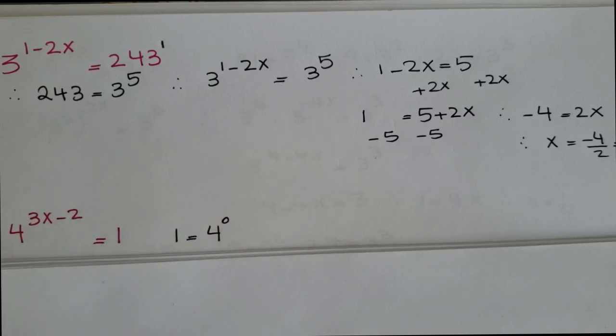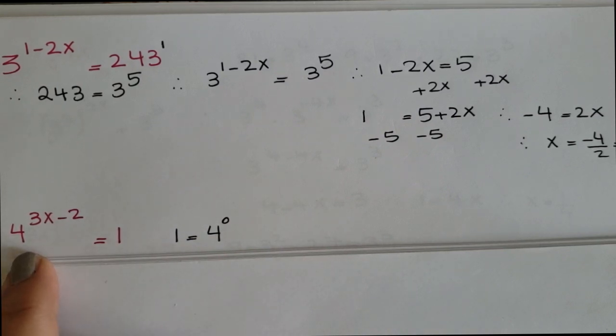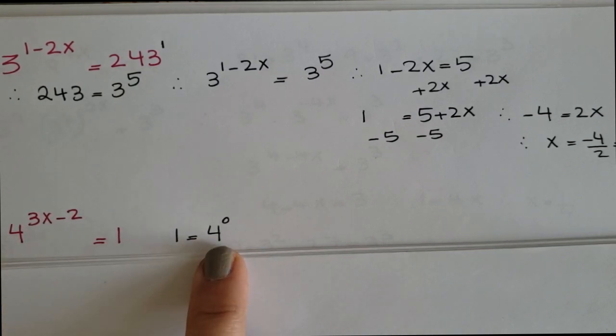Okay, so if you remember from the rules, any number raised to the power 0 would be 1. That's what I do. And the reason I chose 4 was that I want the bases to be exactly the same.